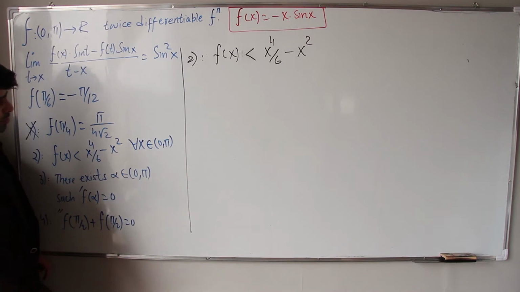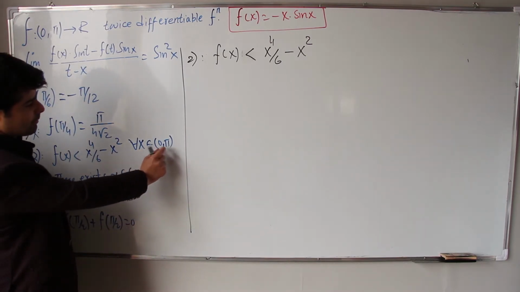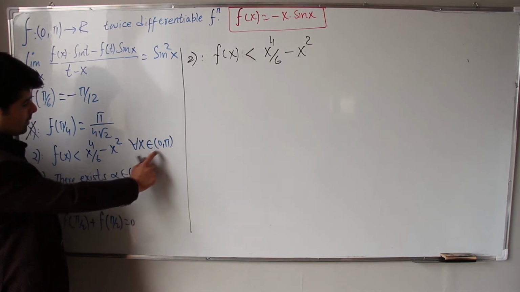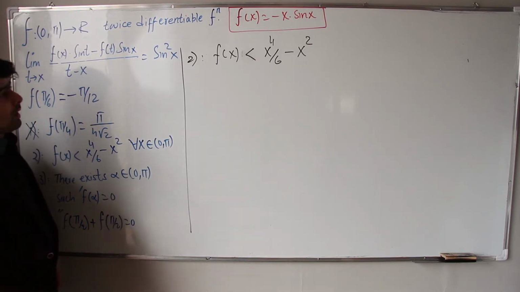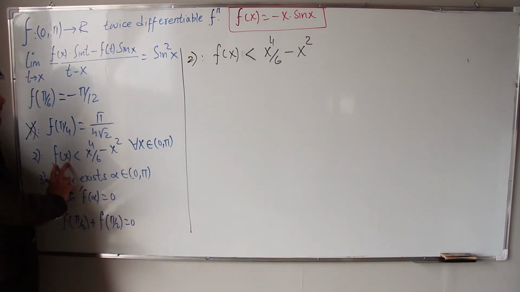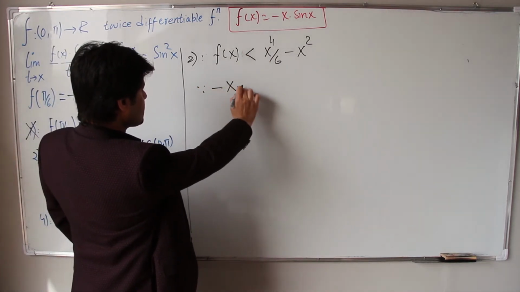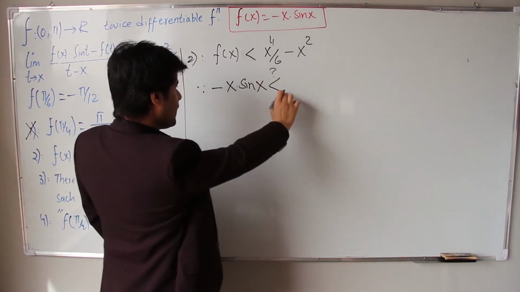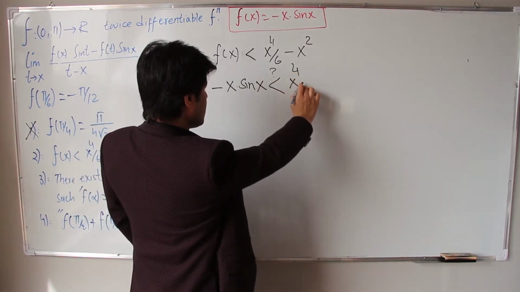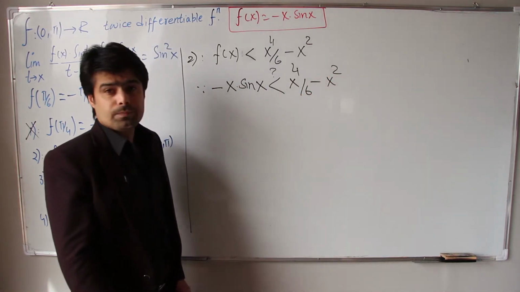And we have the situation that for all x given in the open interval of 0 to pi, this situation must be satisfied. How can we find? Instead of f(x), we can have minus x times sine x. Is this one smaller than x to the power 4 divided by 6 minus x squared?